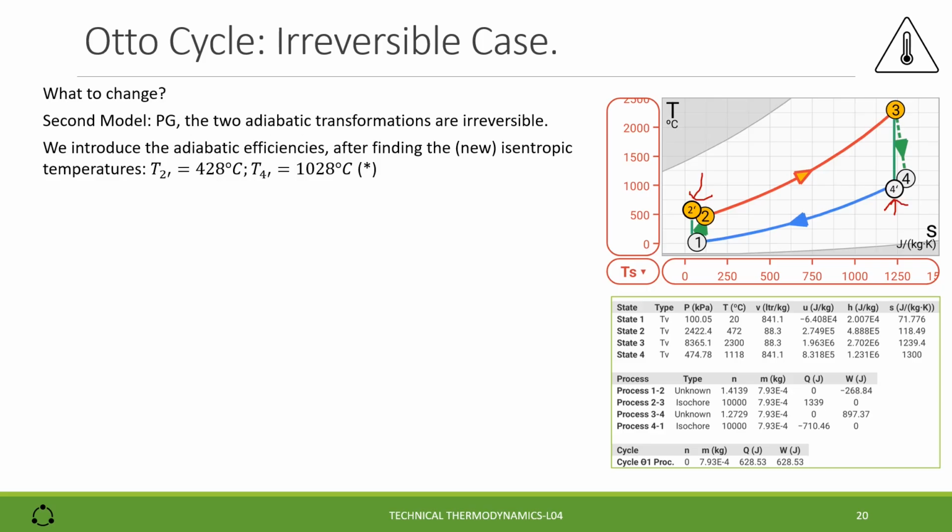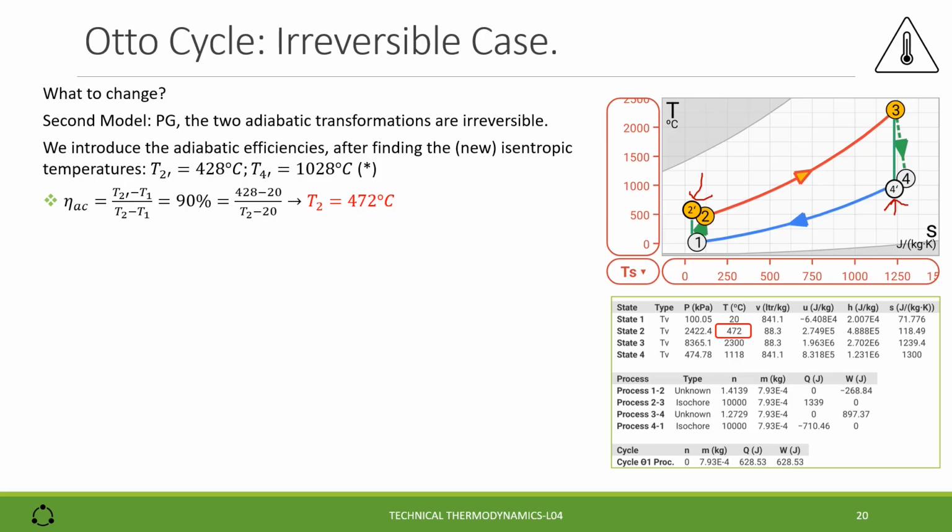For finding them, we use the application Thermonator. The efficiency of the compression is, by definition, T2' minus T1 over T2 minus T1. And we say this assumes the value of 90%.